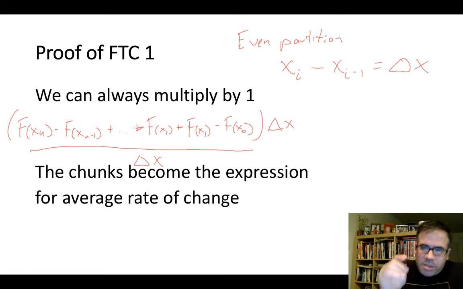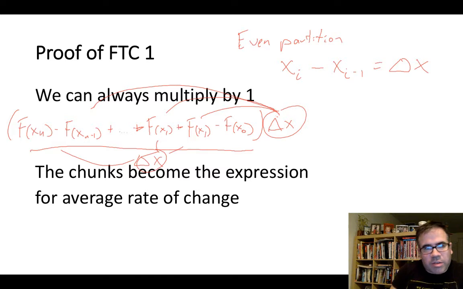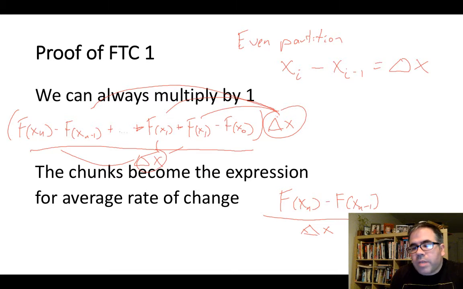But here's the thing. When you distribute this delta x to each chunk, the chunks become an expression for the average rate of change. So the idea of f of x sub n minus f of x sub n minus 1 over delta x, this is the average rate of change between x sub n and x sub n minus 1.